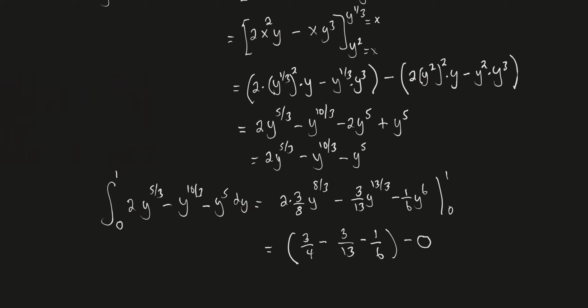And if we do our quick arithmetic, and you can double check that 3/4 minus 3/13 minus 1/6, that is equal to 55 over 156 when everything is nice and reduced, right? So that's what it looks like with this double integral over this type 2 region.